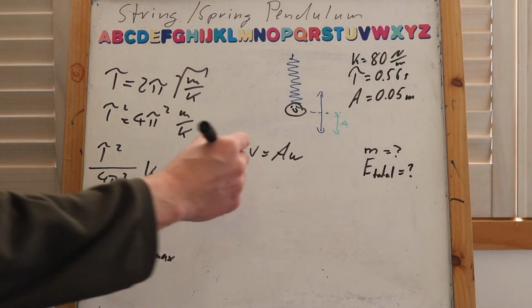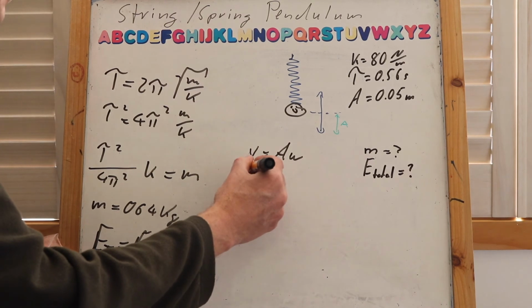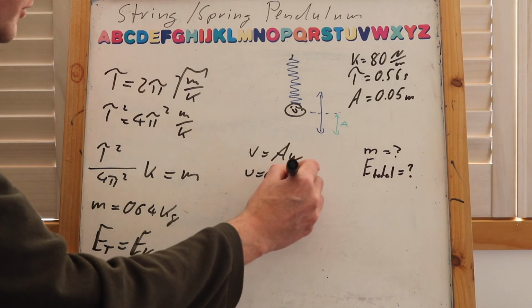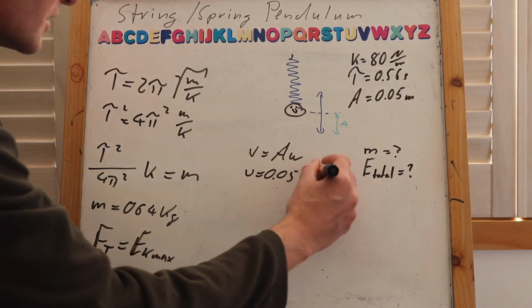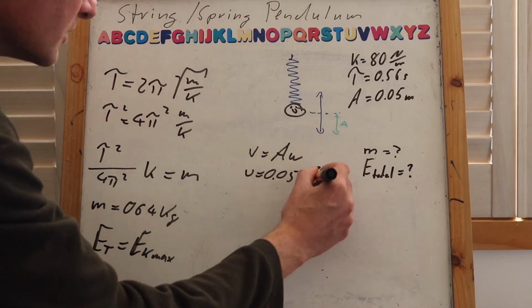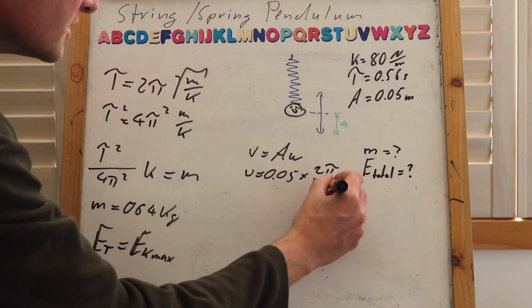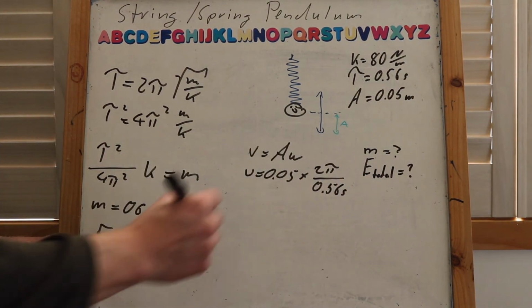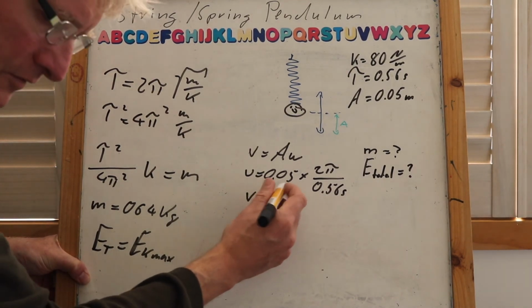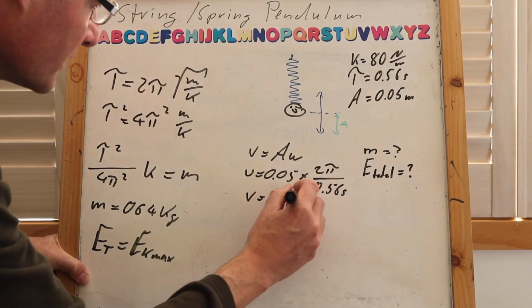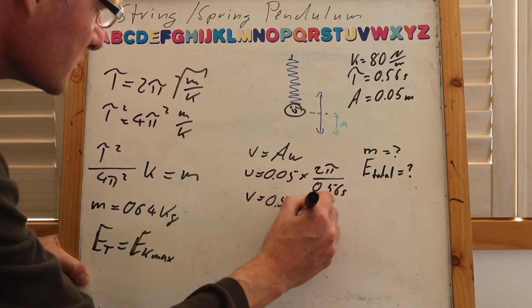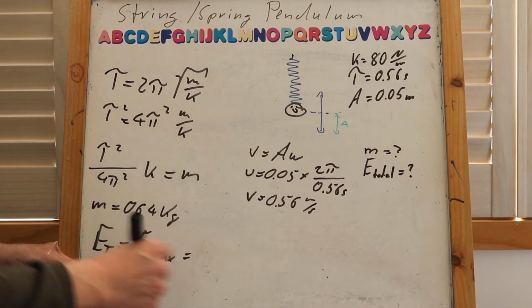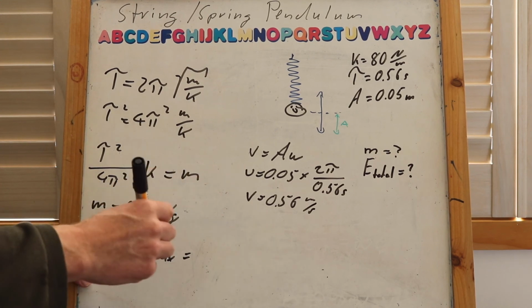Okay, therefore V equals 0.05 times 2 pi over 0.56 seconds. That gives us a velocity of 0.56 meters per second. And that's my maximum velocity.